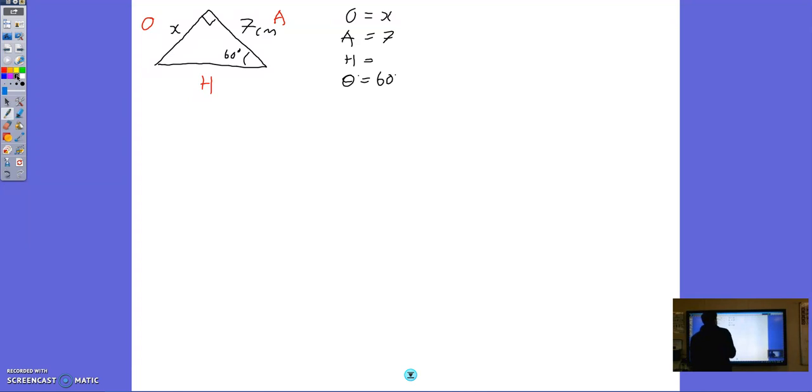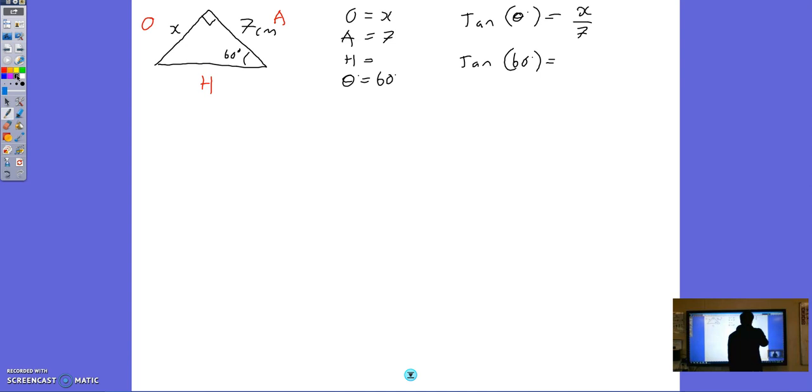If I'm looking for O, A and theta, I'm going to be using my tan, or tangent, ratio. Tan of theta is equal to x over 7. I substitute. Tan of 60 degrees is equal to, apologies, x over 7.